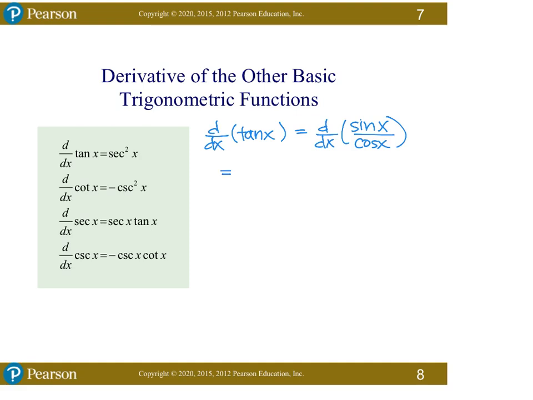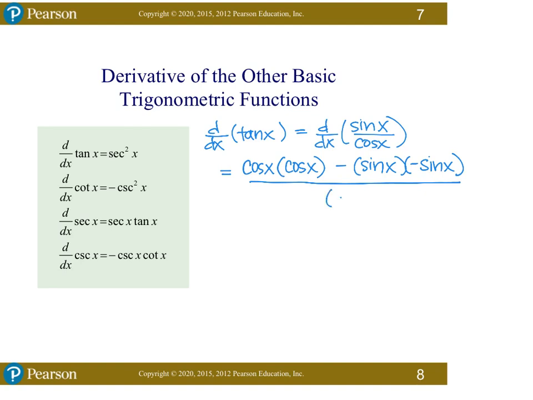So the derivative of the quotient sine over cosine would be the cosine of x times the cosine of x, so that's b times the derivative of a, minus the sine of x times the negative sine of x, all over the denominator of cosine x quantity squared.